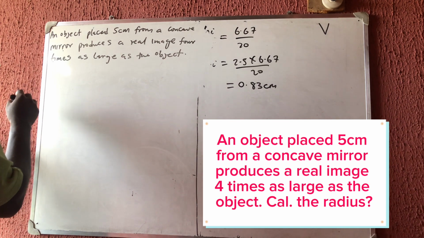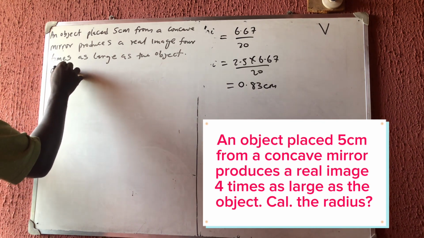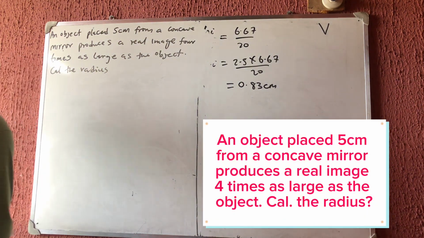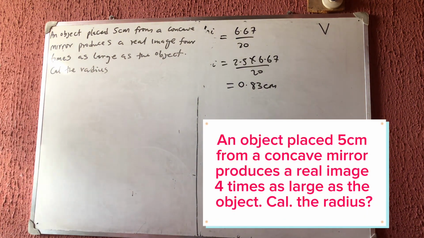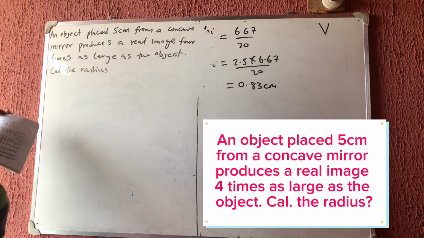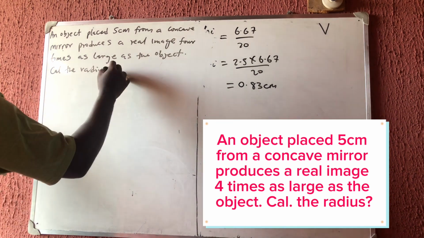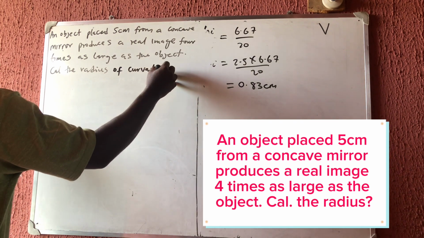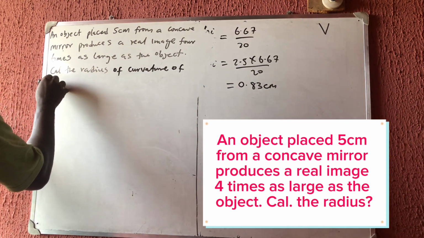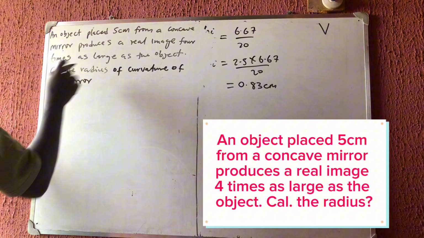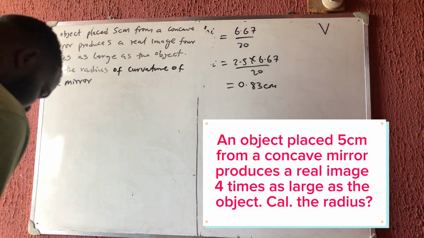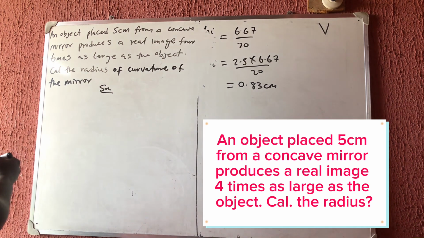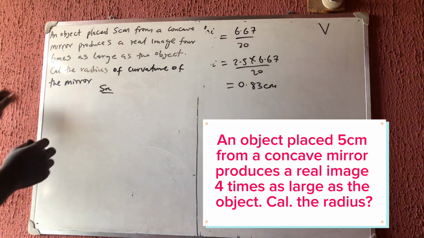They now say calculate the radius of curvature of the mirror. Okay, all right. Solution. Now, do it again.